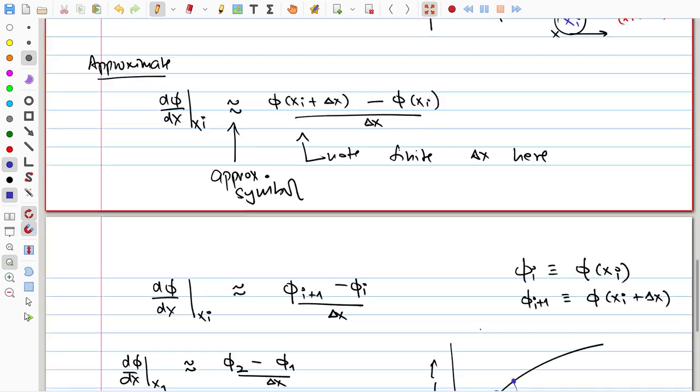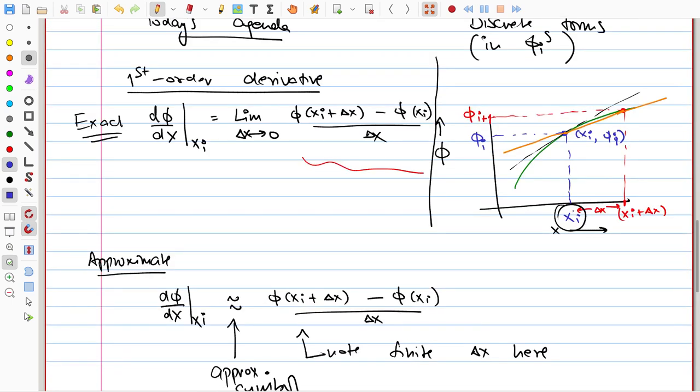We took a point which was forward to xi. So, this was xi. So, we took a point which was to the right of xi, and then we calculate the slope.